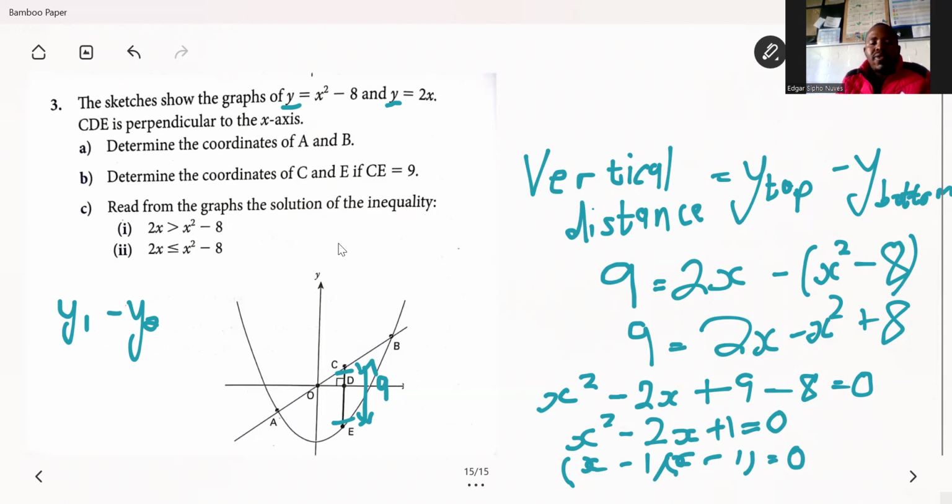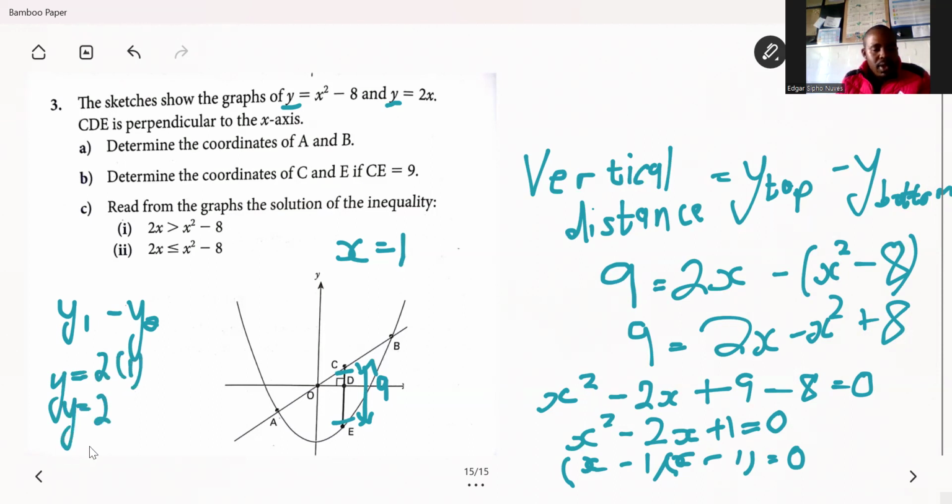So we find that points C and E share the same x value, and that x value is x equals 1. Now that we have found that, we can find the y values. C lies on the straight line, so to find the y value of C, I substitute x equals 1 into it.